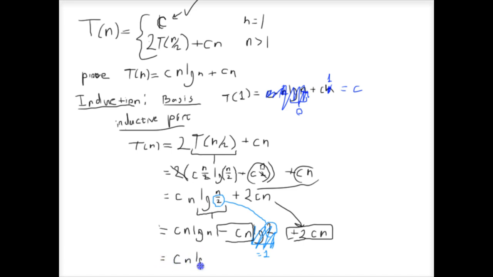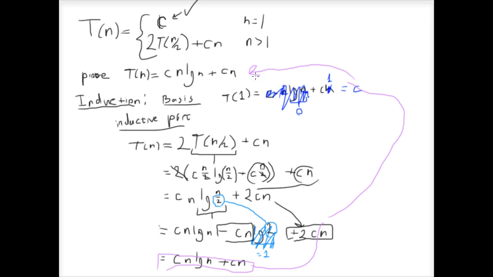We have c times n log n plus now 2 minus 1, which is just cn. And it's important that we got cn log n plus cn, which is exactly the same thing that we were trying to prove. Oh man, it's hard to draw a long straight line here. There we go. So we have cn log n plus cn.